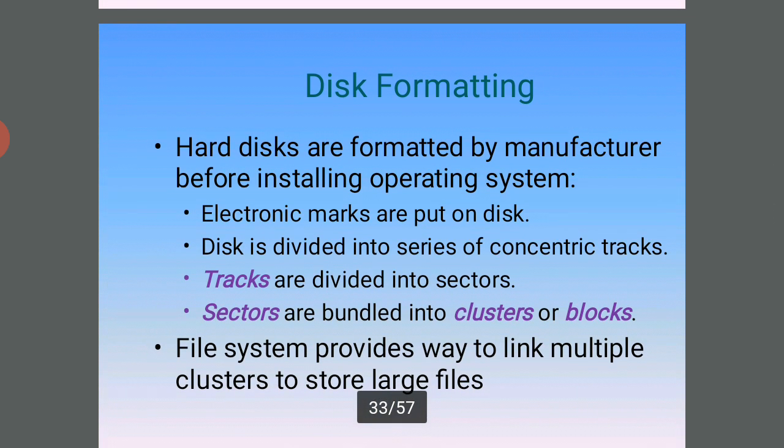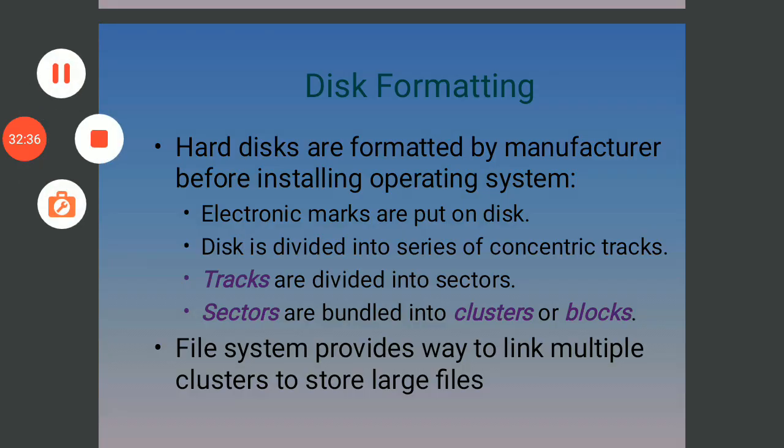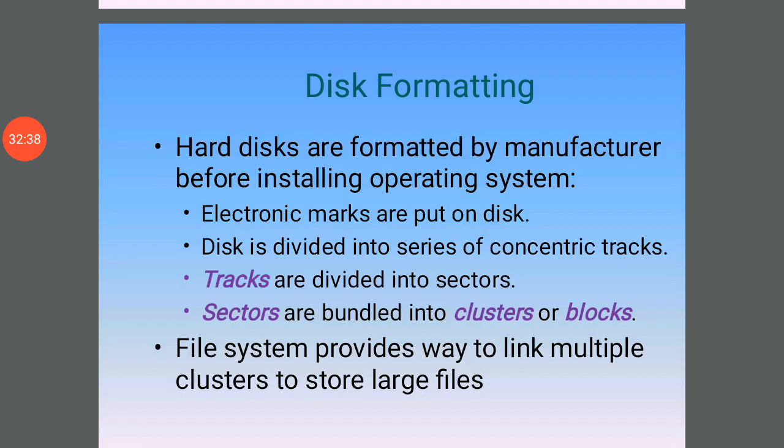And disk formatting. What is formatting? Hard disks are formatted by the manufacturer before installing the operating system, and electronic marks are put on the disk. The disk is divided into serial concentric tracks.